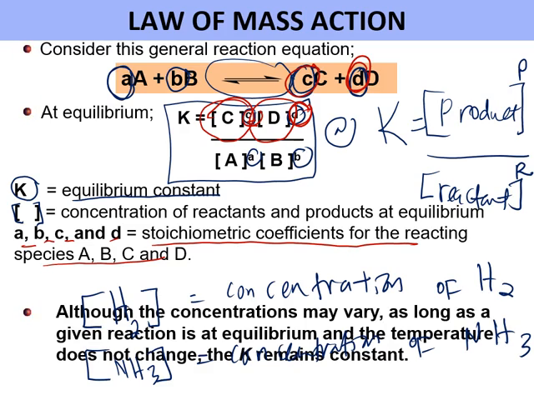So, yang ni baca sendiri bawah ni lah. Ni dah mention dah. Although the concentration may vary, as long as a given reaction is at equilibrium and the temperature does not change, dengan syarat suhu tidak berubah, the K will remain unchanged. Walaupun kita ubah concentration, tapi K value will remain unchanged unless we change the temperature of the system. So, the value of K will change.